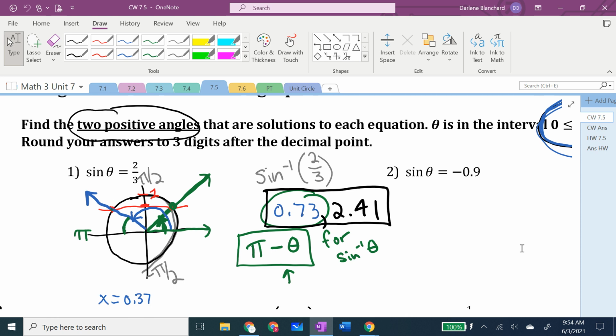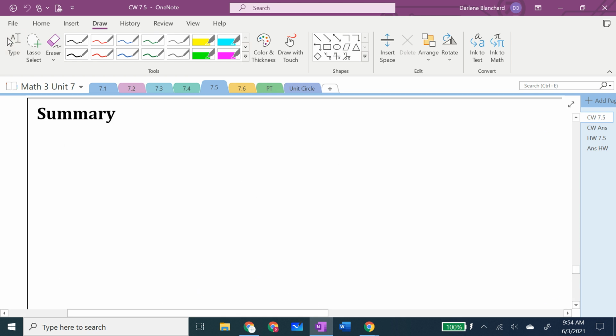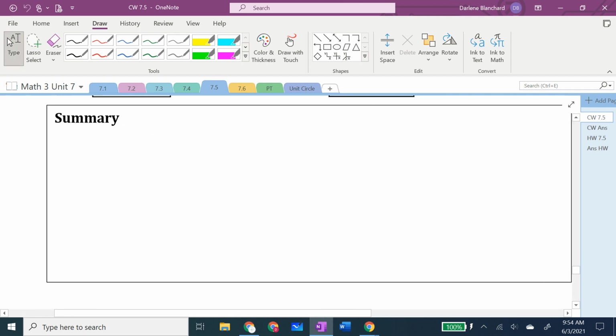And so what we learned was, if we are dealing with inverse sine, inverse tangent, or inverse sine's reciprocal. Who is sine's reciprocal? Cosecant.